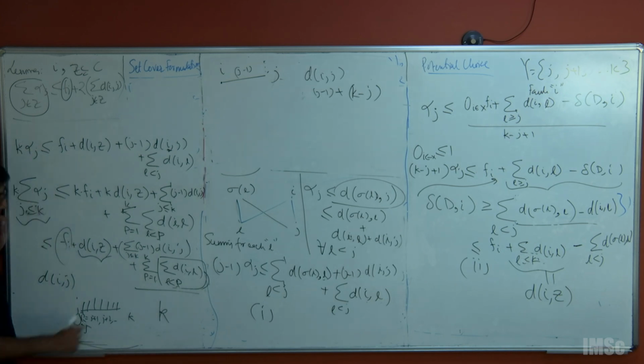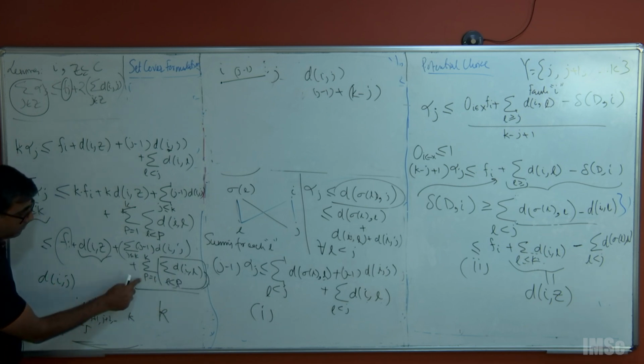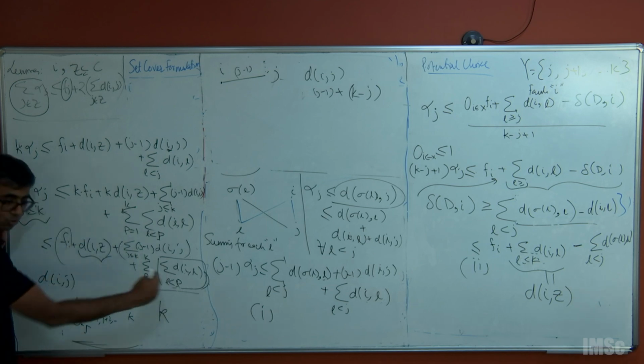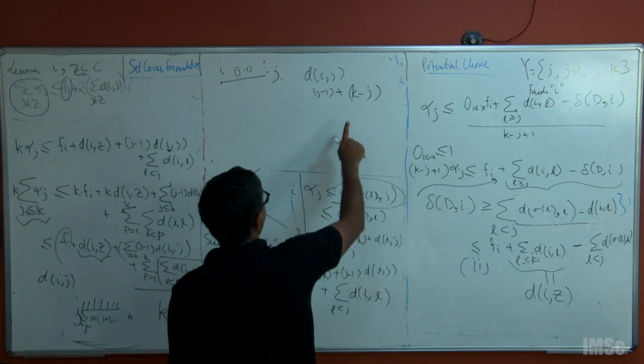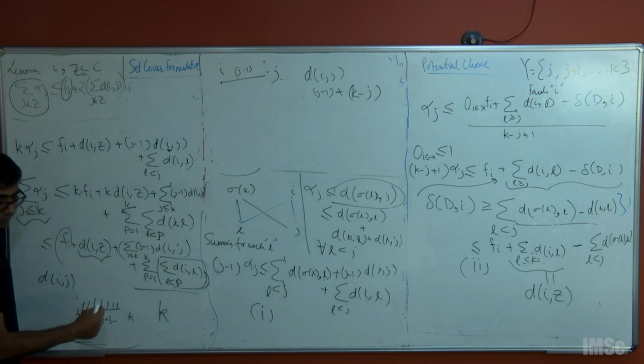For p equal to 1, will this be counted? For 2, it will be counted. 3, no, 4. But it will be counted for every p strictly greater than j. So for 6, 7, 8, 9, 10, up to k it will be counted. So it will be counted k minus j times, right.